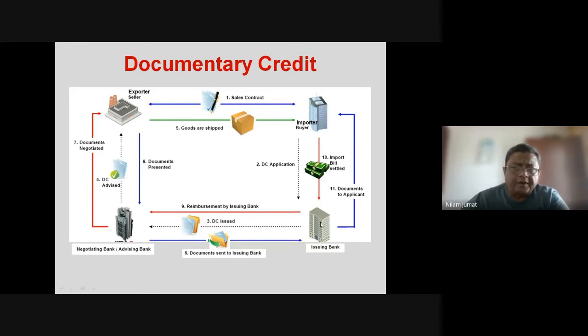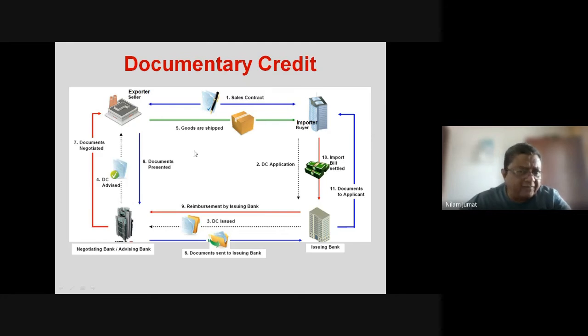Now when the exporter gets the LC, he'll read that the total value is 90,000, and this is a revolving LC of $15,000 a shipment. When you say revolving $15,000 a shipment, that means if the LC is $90,000, the exporter can't ship all $90,000 at once.